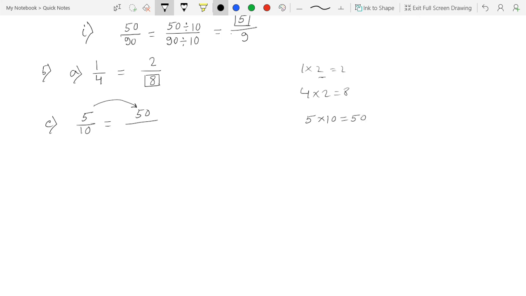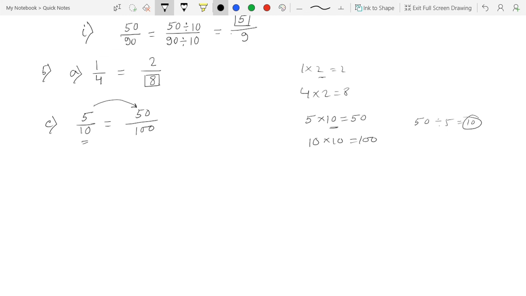If you can't find it this way, you can find it another way also: if you divide 50 by 5 you will get the answer 10. That means if you multiply 5 by 10 you will get 50, and this 10 you have to multiply with this 10 also. If you multiply 10 with 10 you will get 100. So the blank space will be filled with 100.